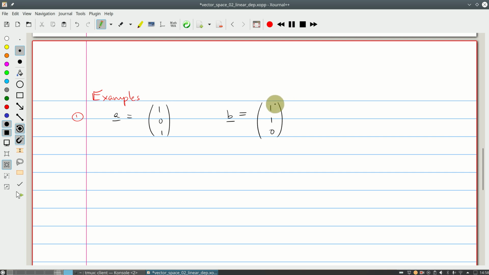Are these linearly dependent or independent? How do we go about showing this? Well, the question is: is the 0 vector equal to, can it be equal to some alpha a plus beta b, where alpha and beta are scalars?